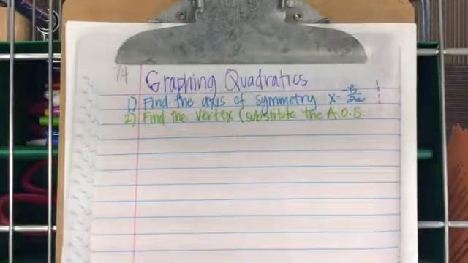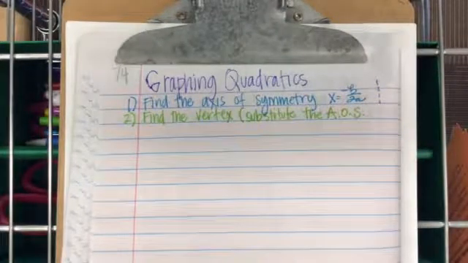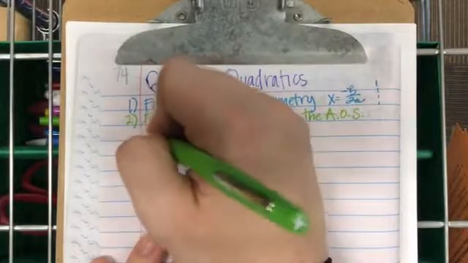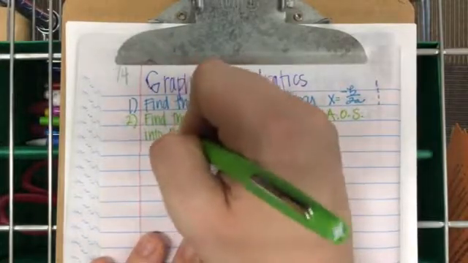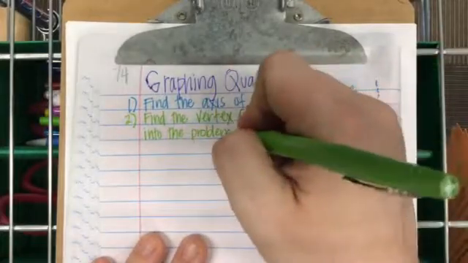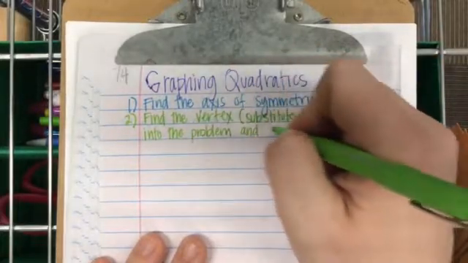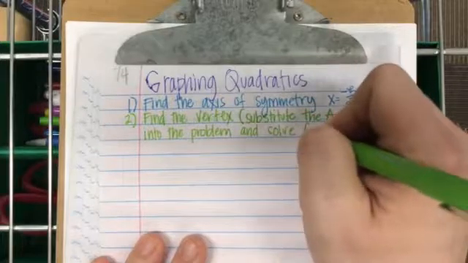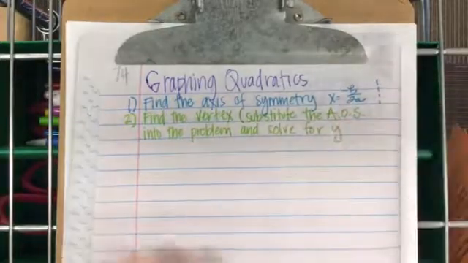What's AOS? Axis of symmetry. Into the problem or equation and solve for y.